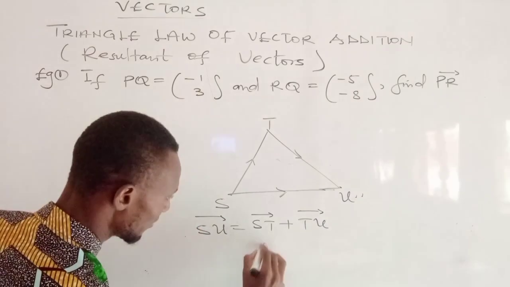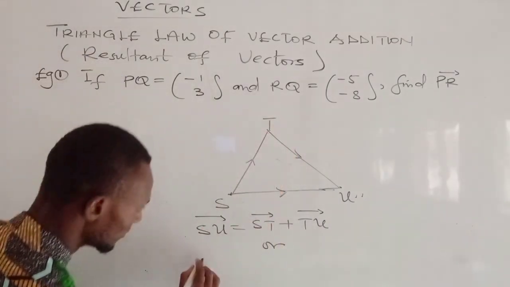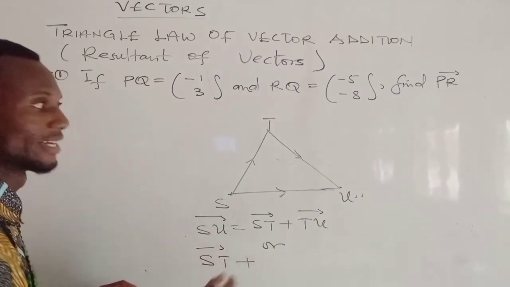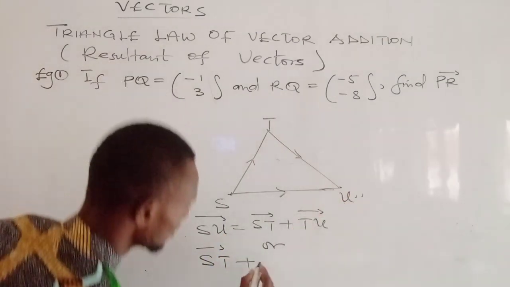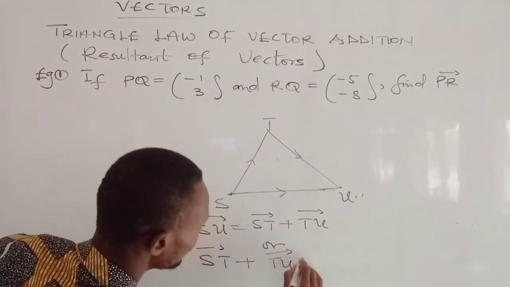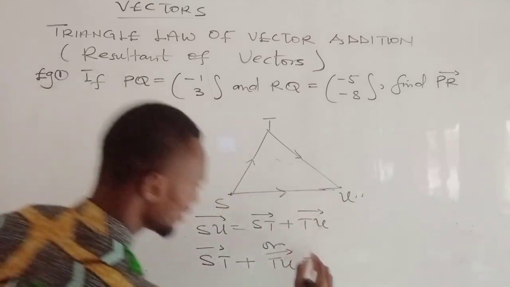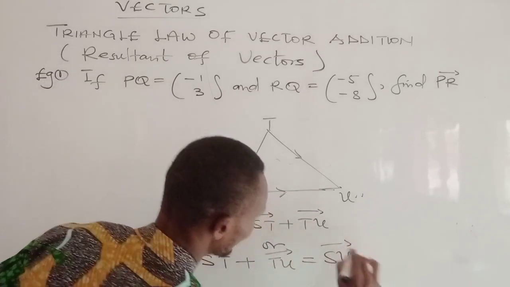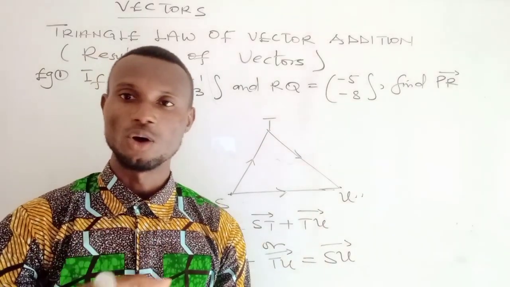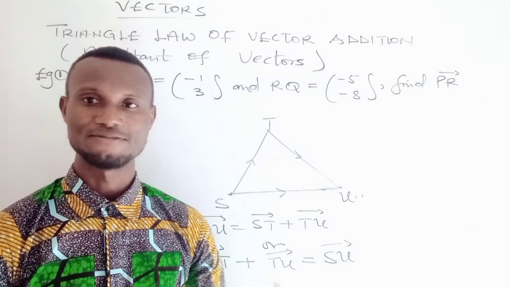Or you can equally write it like this: your vector ST, moving from S to T, plus the vector TU should give me the vector SU. Okay, that is the triangle law of vector addition. I hope the explanation is clear enough up to this point.